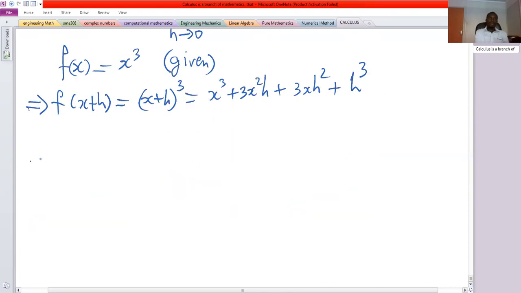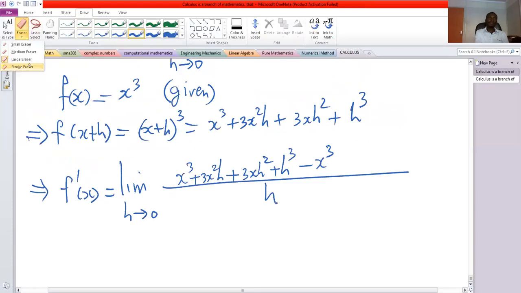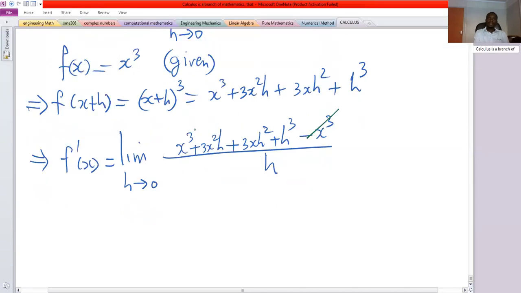So the derivative of the function will be the limit as h approaches 0. Now this is our f of x plus h, so x cubed plus 3x squared h plus 3x h squared plus h cubed, minus x to the power 3, over h. So this and this cancel out.